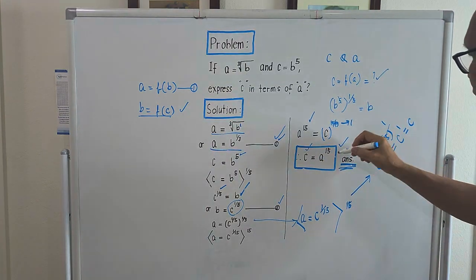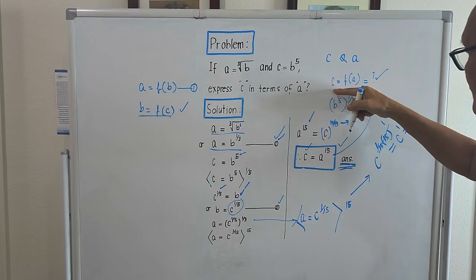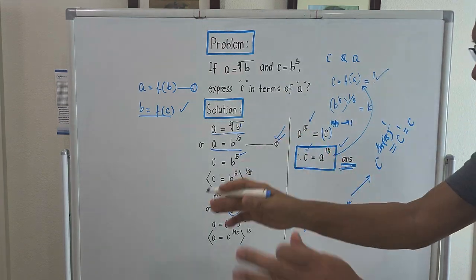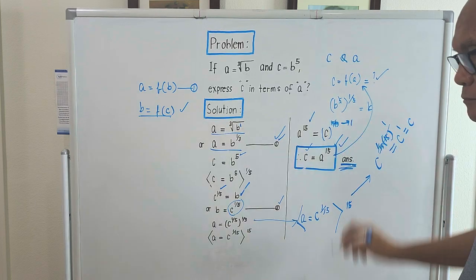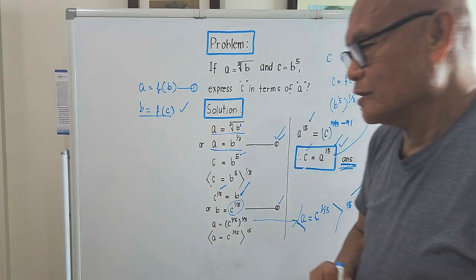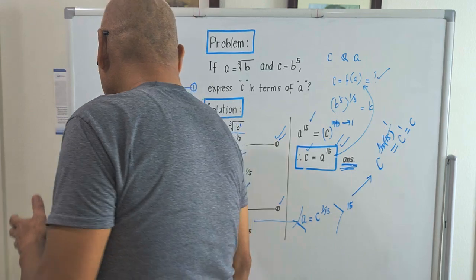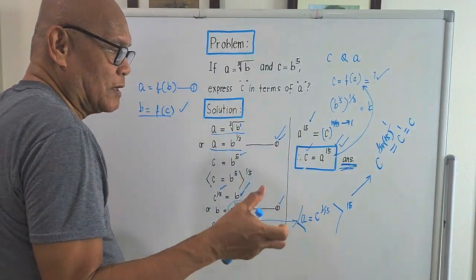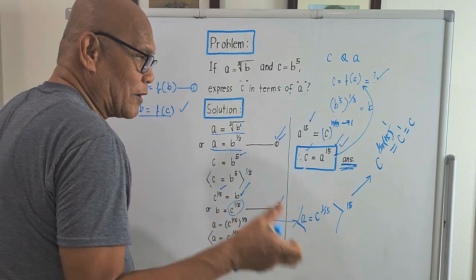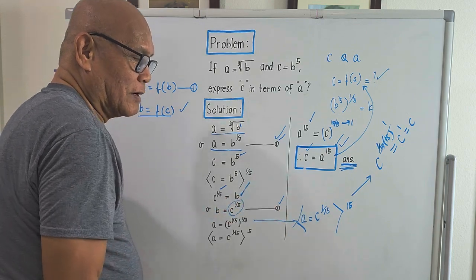So the correct answer here is c equals a raised to 15. Do you see it, guys? The solution is by applying our knowledge of radicals and simplification of exponents.